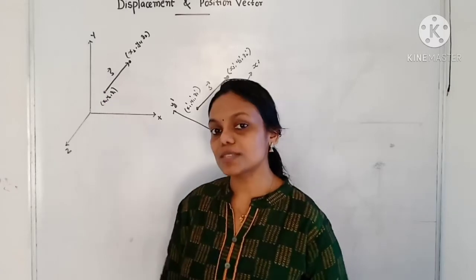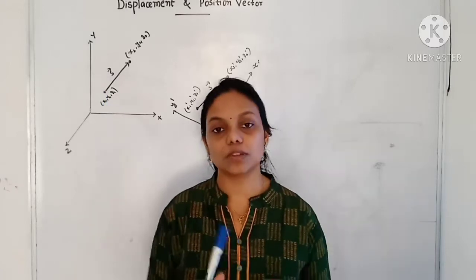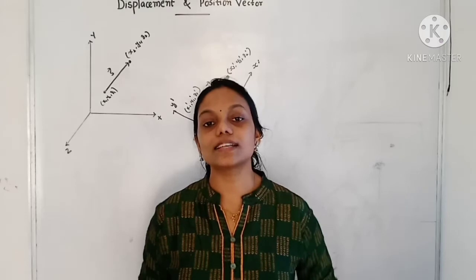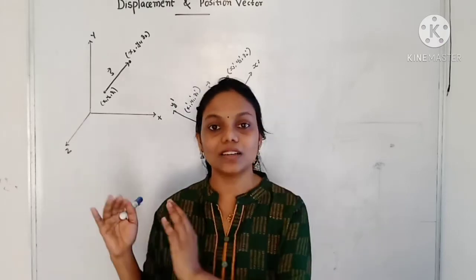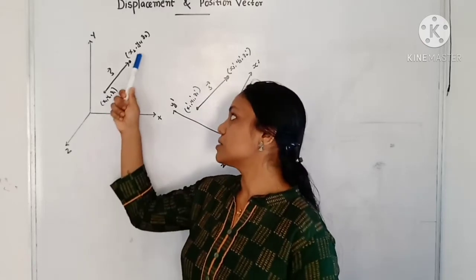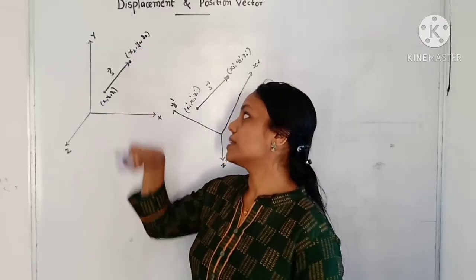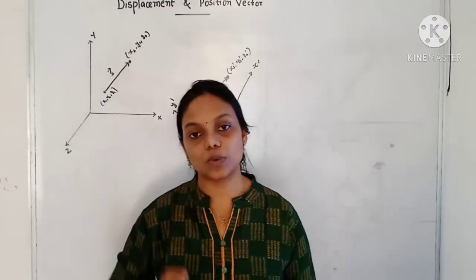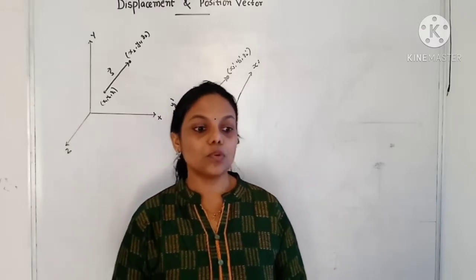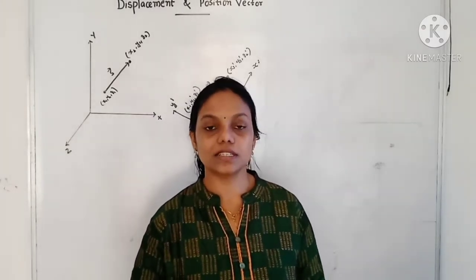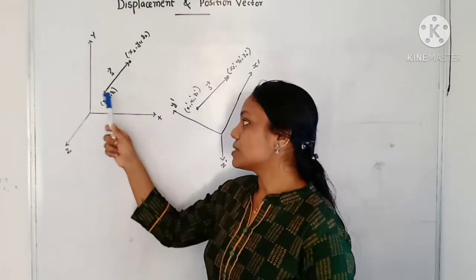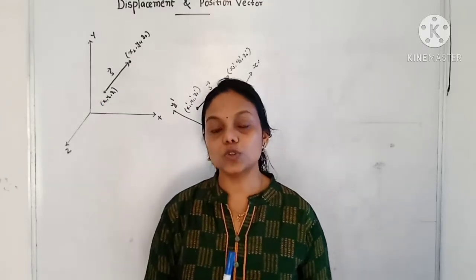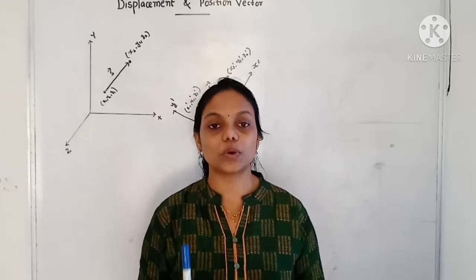The point is moved from the coordinates x1, y1 and z1 to the other coordinates x2, y2 and z2. Therefore, the point is displaced to x2, y2 and z2. So this is the displacement vector S. Usually we represent the displacement vector as S.